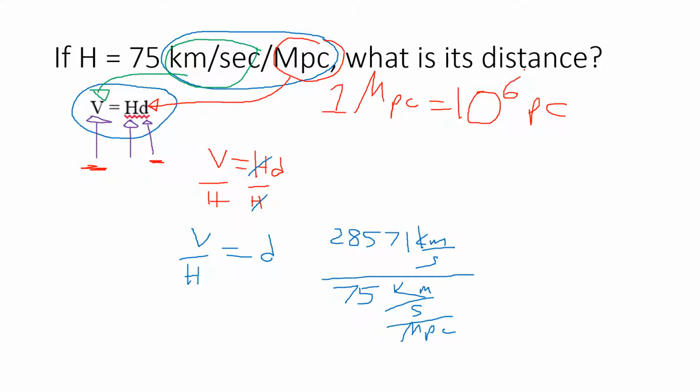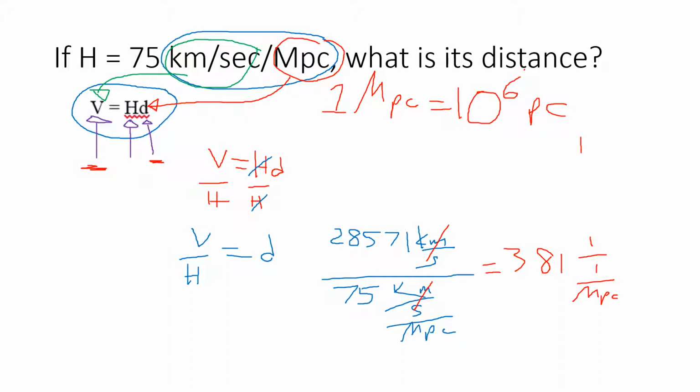So here we have 1 kilometer per second, another kilometer per second. If we grab our calculator and divide out those numbers, we end up with 381. Now, what are the units? The units are 1 over megaparsecs, right? Because we've canceled the kilometers per second with this kilometers per second, so it's 1 over megaparsec.